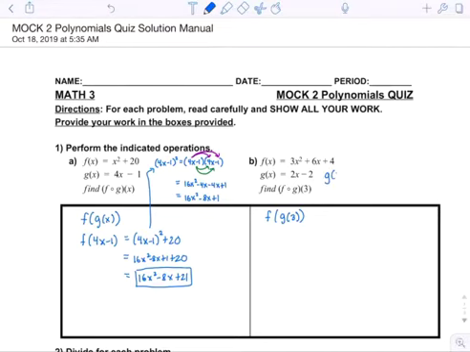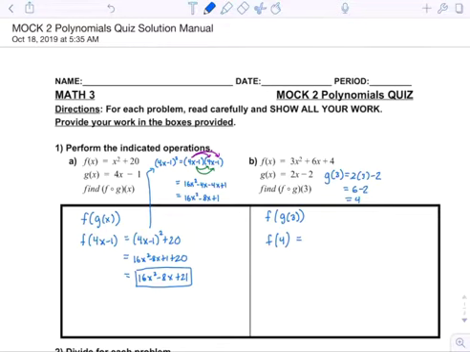So g of 3 is equal to, now substitute 3 everywhere you see an x, right? So 2 times 3 minus 2. 6 minus 2, so that's 4. So we now know g of 3 is 4. F of 4. Now, let's use our f of x function to solve for f of 4.